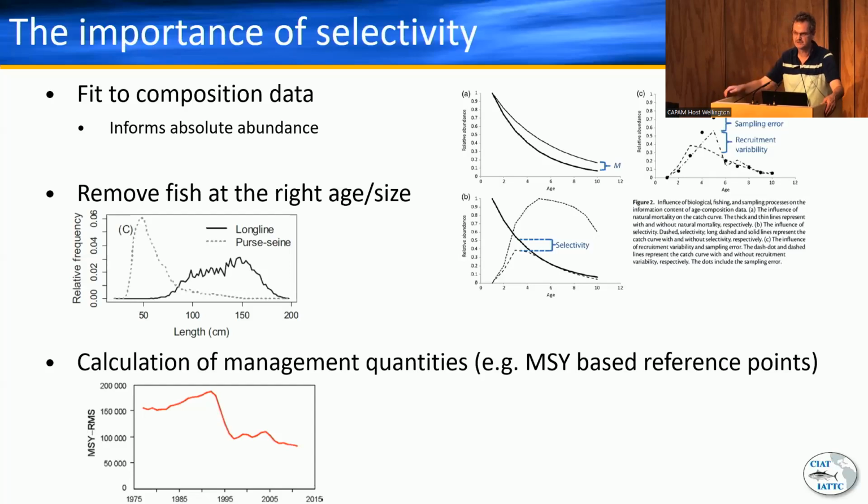And then finally, it's also used to calculate management quantities. If you have a fishery that's all longliners, then you get a really high MSY and you usually get a high BMSY to B0. But if you take the purse seine fisheries, you end up getting a low MSY and a low BMSY to B0. So it's very important for calculating management quantities. We have to get it right.